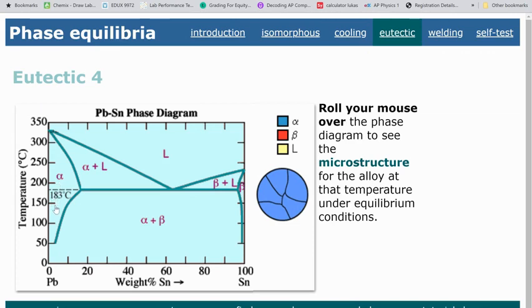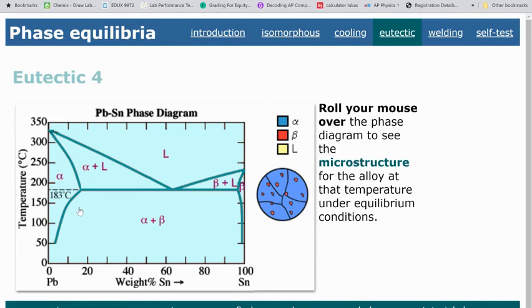As we go across the graph now at the solvus line, we're going to see that our substance becomes only partially soluble in each other. That's why we have a binary phase diagram. And so as I go across the solvus line, I'm going from a homogeneous alloy to a heterogeneous, and I'm going to have mostly alpha crystals with a little bit of beta crystals.